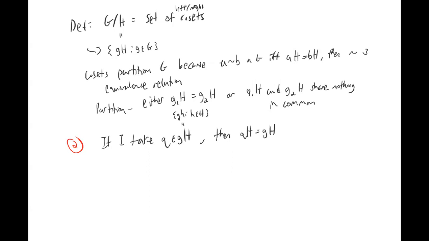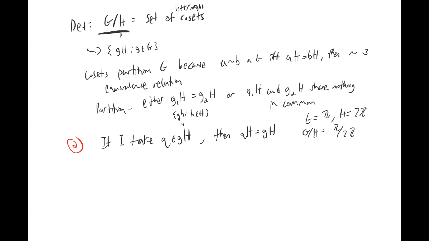Before I prove it, let's see an example of what I mean. Again, let's take G to be Z, H to be 7Z. Then what is G quotient H? In this case it's Z mod 7Z, the set of cosets.